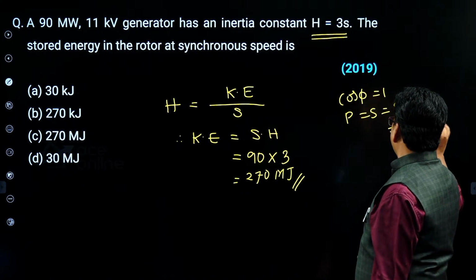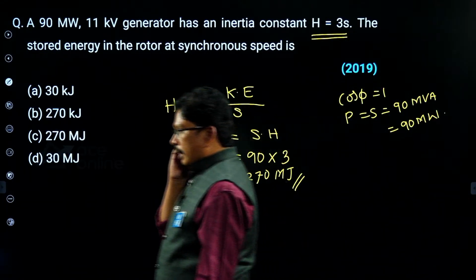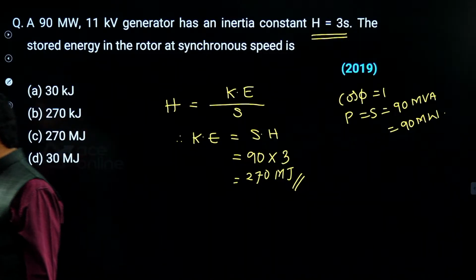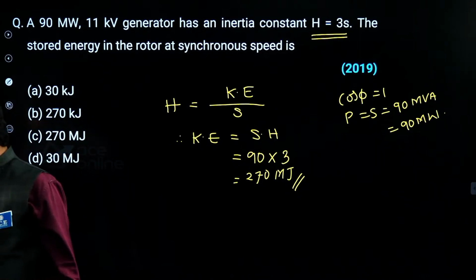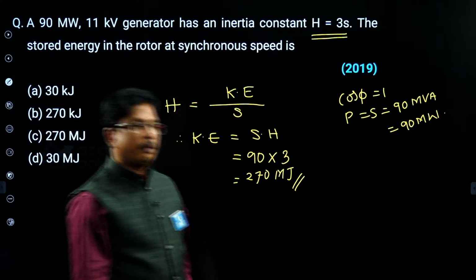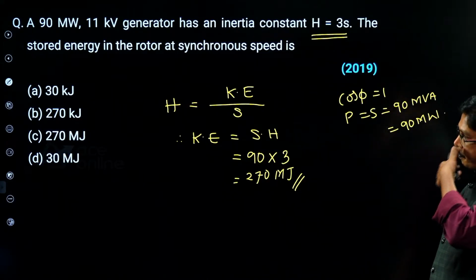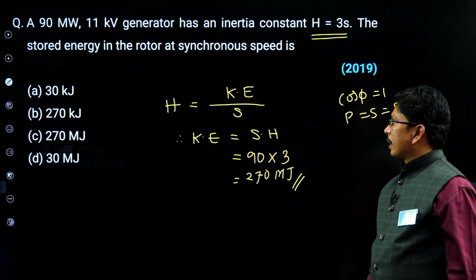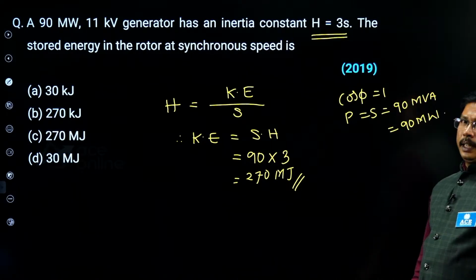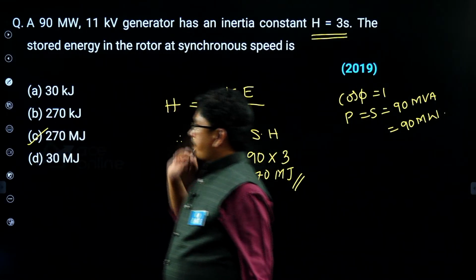Both are same when nothing is mentioned. Very good. 3 into 90 megajoules. M into G into H, or whatever the formula you have studied, that is S into H. It is 270 megajoules.